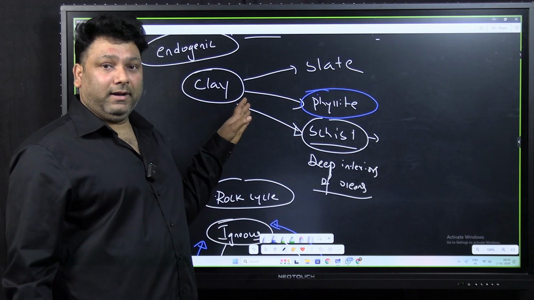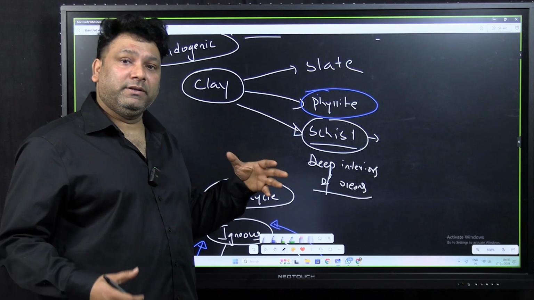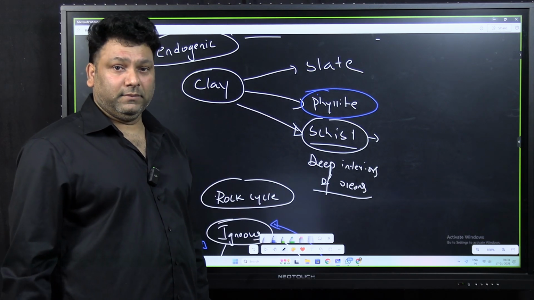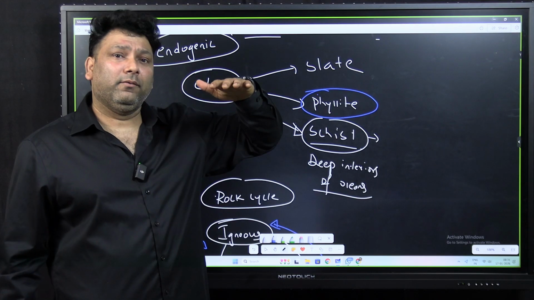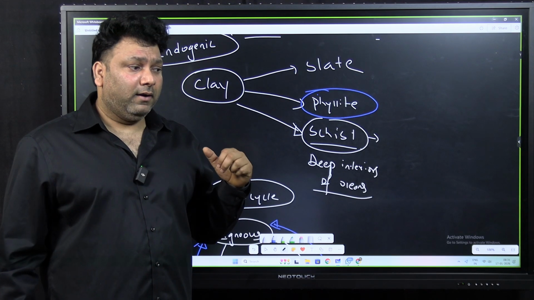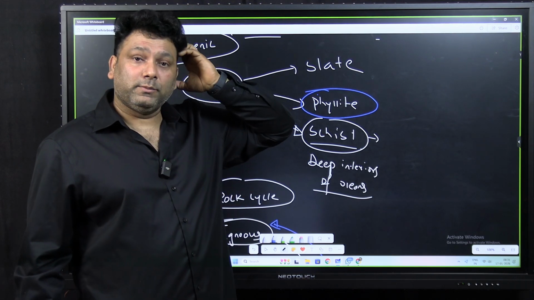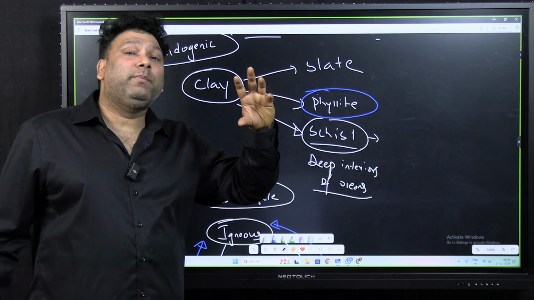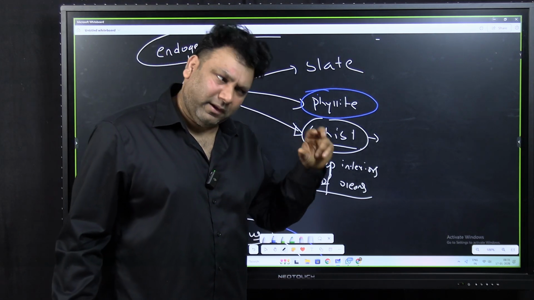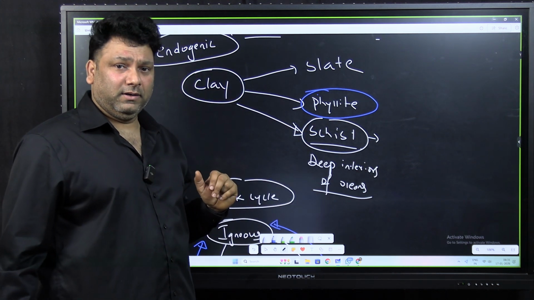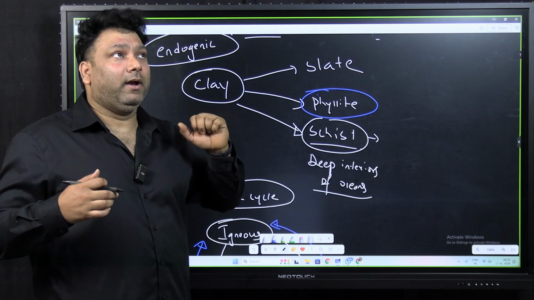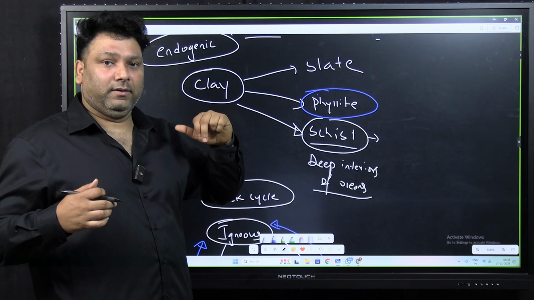So clay, if you are having high pressure and intermediate temperature, phyllite will be formed, right? In the earlier times, the roofs of the houses in Kashmir had phyllite placed on top. Phyllite is a light stone, but comparatively strong, and when this stone was used on top of a house, even if an earthquake came, there wasn't as much damage.